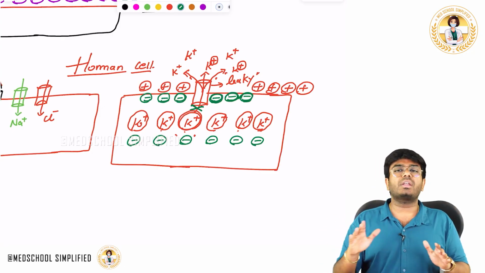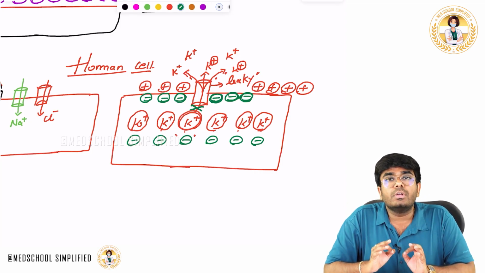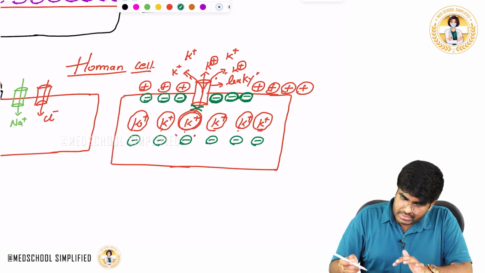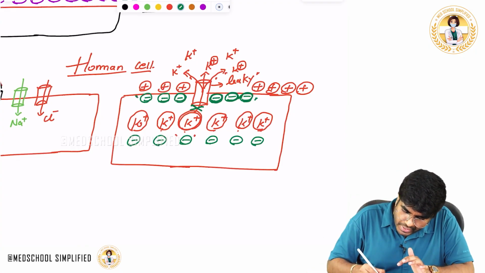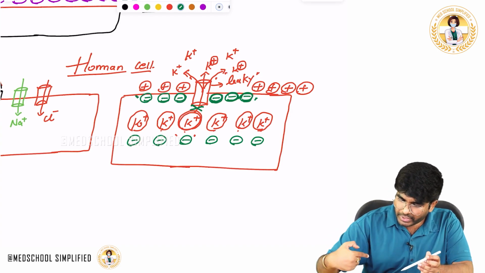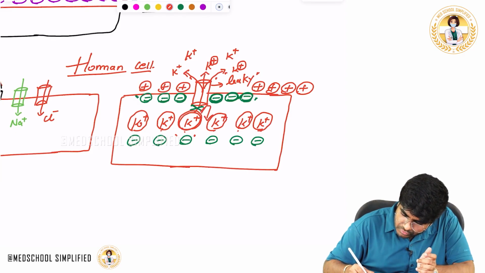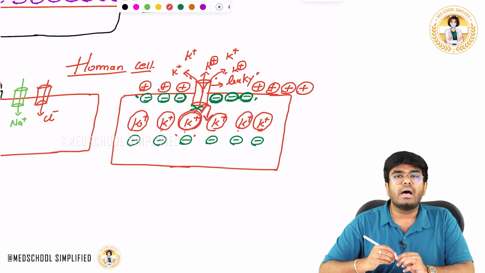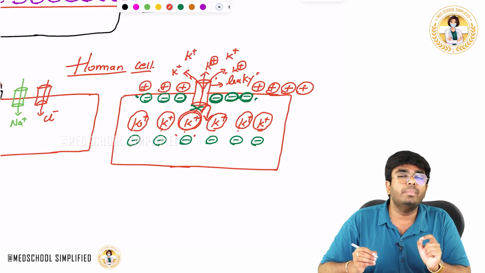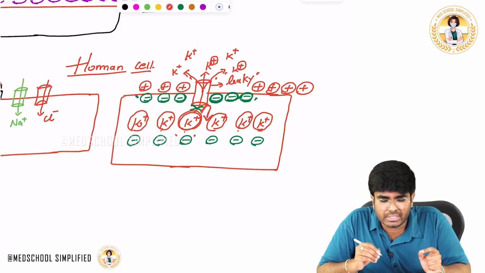That voltage, where the net movement of potassium out of the cell stops, is called the equilibrium potential or isoelectric potential.